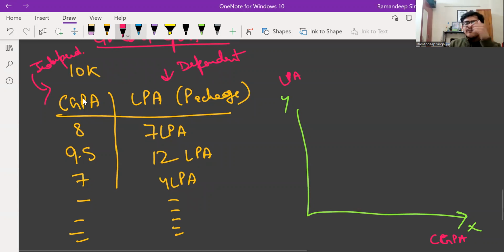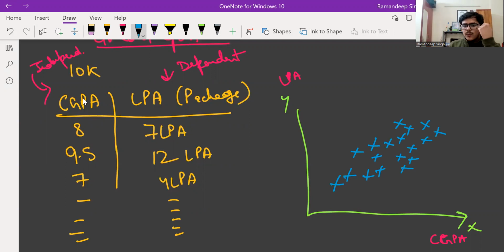If we plot the data of 10,000 students, we will notice a trend that these points look something like this. We will see a general trend that when the CGPA is increasing, the placement amount is also increasing. When the CGPA is low, the placement is also less, but when CGPA is high, the amount for which a person is placed is also high.